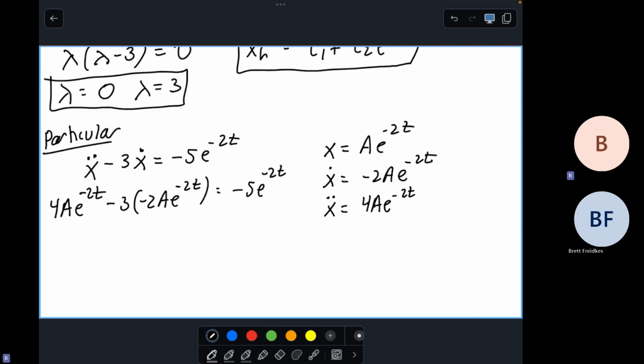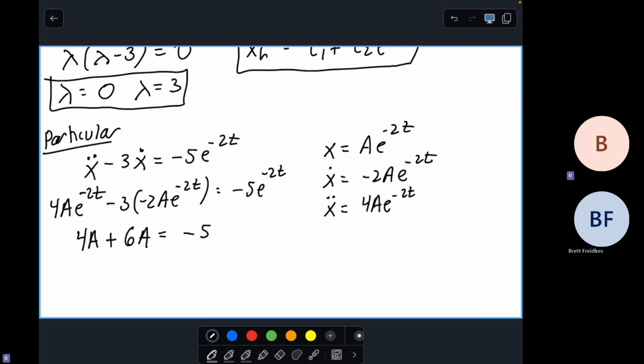Okay. All the e to the minus 2t's cancel, which is expected. This will be 4a plus 6a is equal to -5.